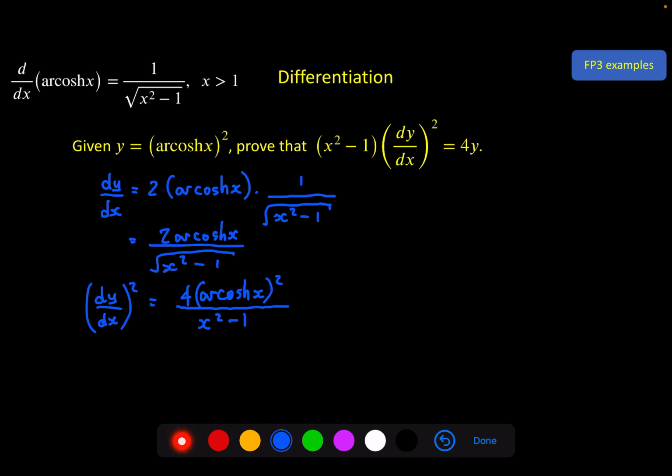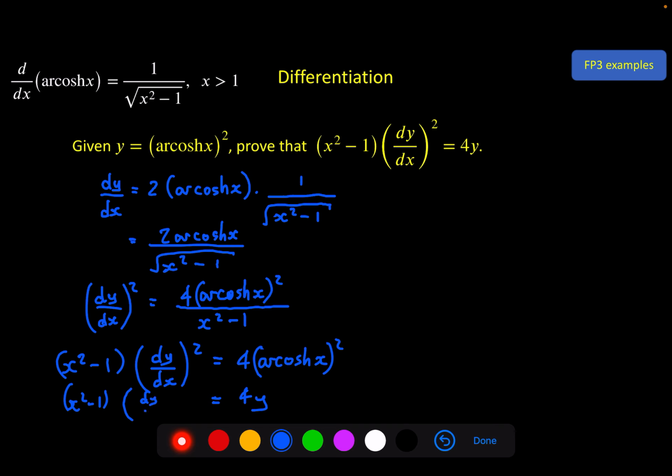I'll do it in 2 steps, just so the examiner can smile and feel like I know exactly what I'm doing. And there we go. We have proved the result, and the final step was exactly how they wrote it.